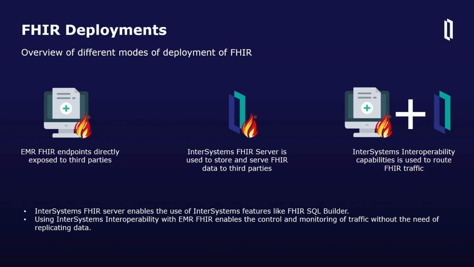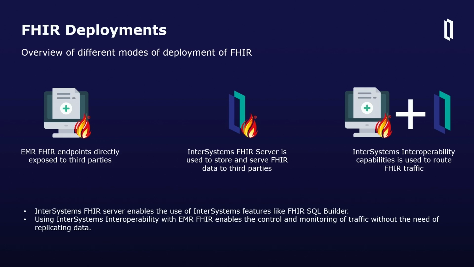The second one is utilizing the InterSystems IRIS for Health FHIR server. In this mode, you're going to have an InterSystems IRIS standalone FHIR server that's going to pull data from multiple sources and act as the FHIR repo. This is going to be the centralized FHIR interface for your organization, and it's going to probably aggregate, deduplicate data from multiple sources, and maybe enrich it even for other uses.